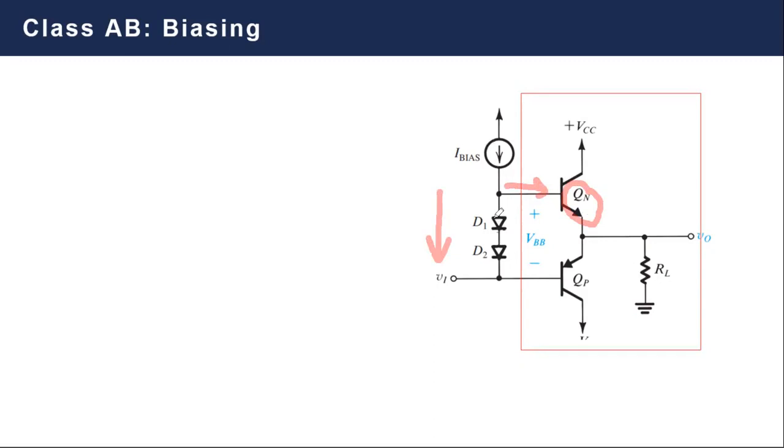Accordingly, diode number 1 and diode number 2 will be forward biased. If you remember, my dear students, early in Electronics 1, when we studied a forward-biased diode, we said that a forward-biased diode is equivalent to what's called a voltage source.